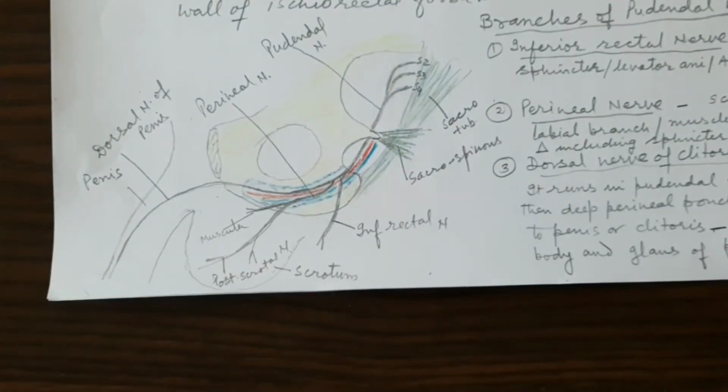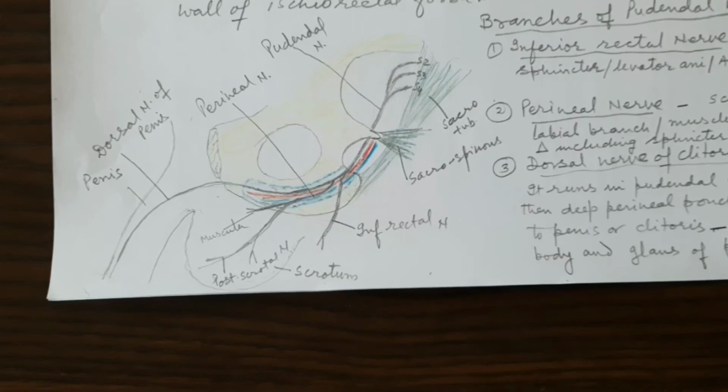It runs from the anteriormost part of the pudendal canal, and then it will run deep to the deep perineal pouch, very close to the conjoint ischiopubic ramus bone, and then it will go just below the pubic arch, where there is a gap between the perineal membrane and the inferior surface of the pubic symphysis.